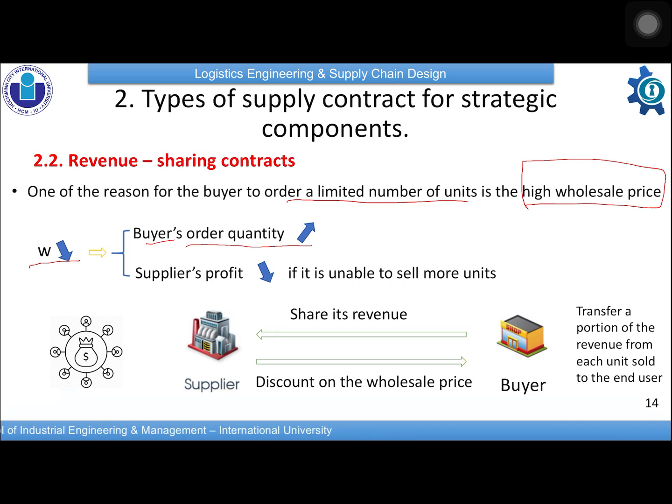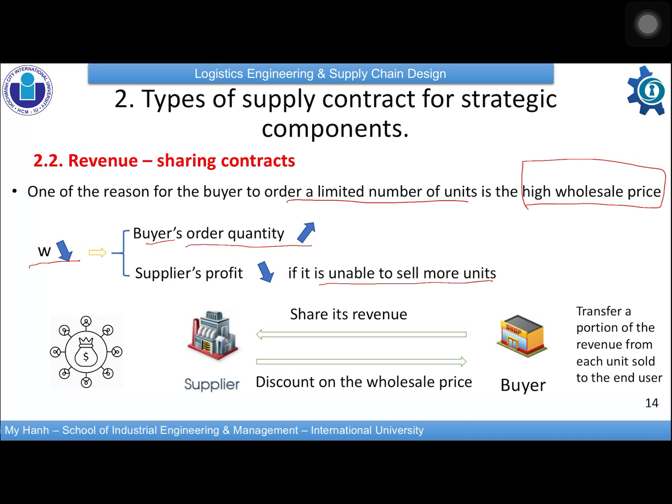And the supplier profit might decrease if it is unable to sell more.